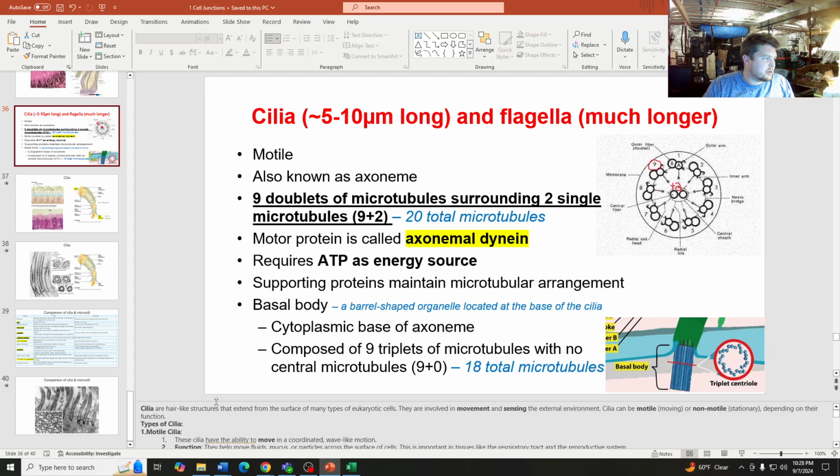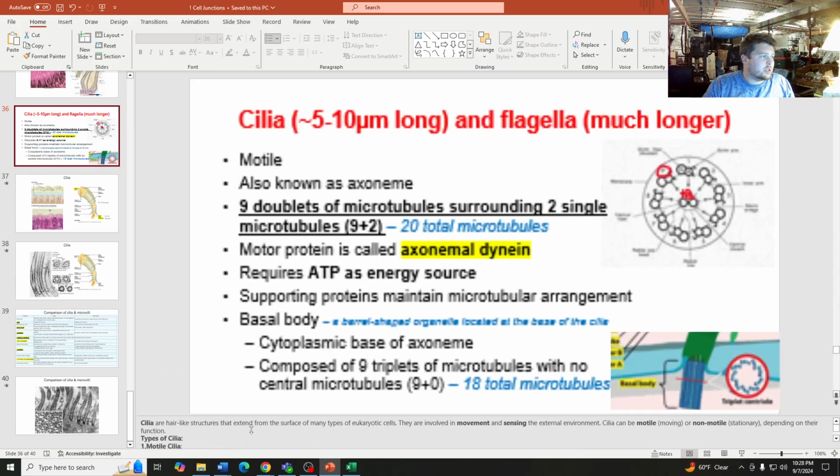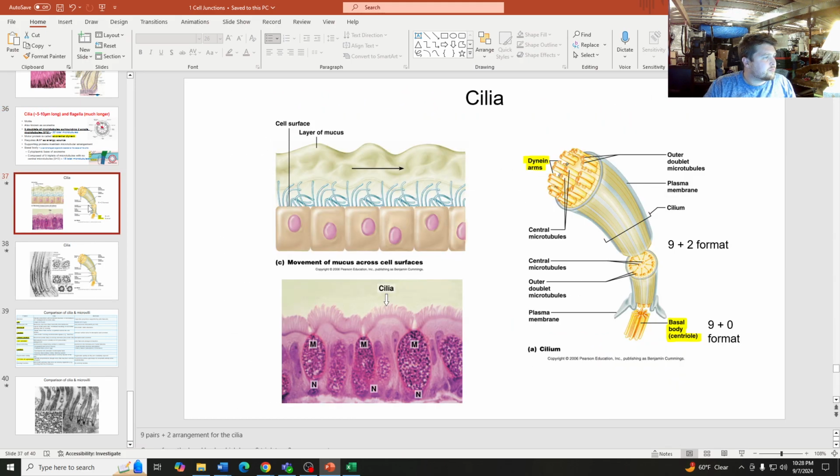A bunch more information down below about the cilia if you want to check that out. Looking at the pictures, there are those dynein arms. They have those microtubules. The dynein arms are branching off of the microtubules to keep things connected, to keep things all together. ATP is used to help these move.